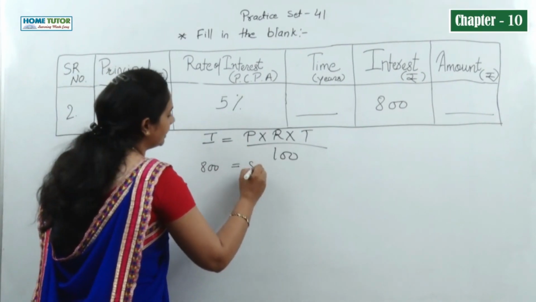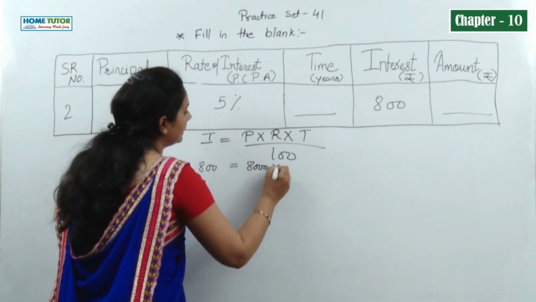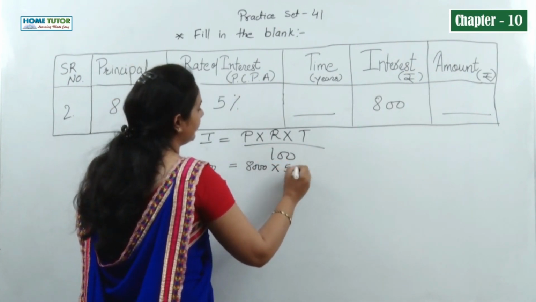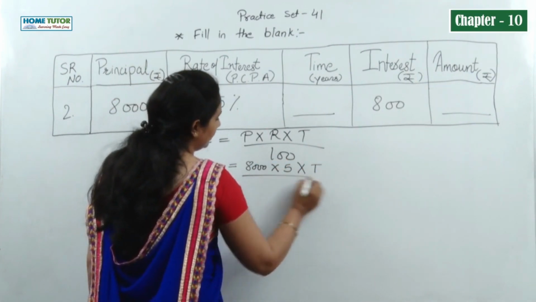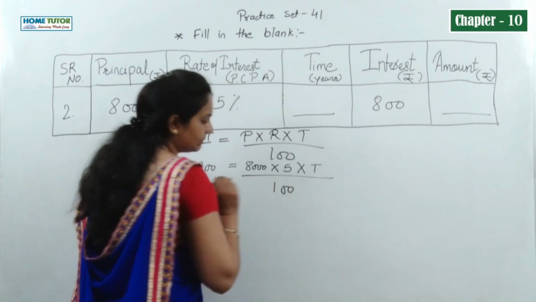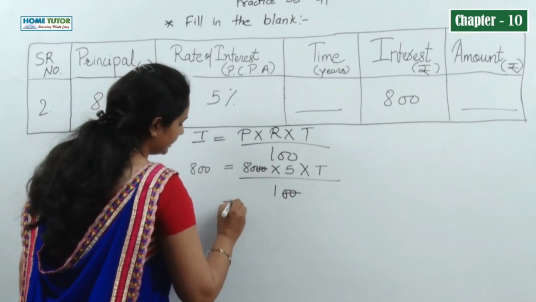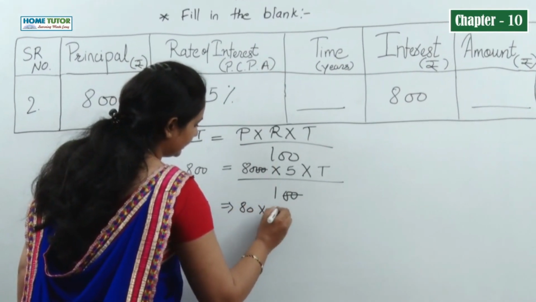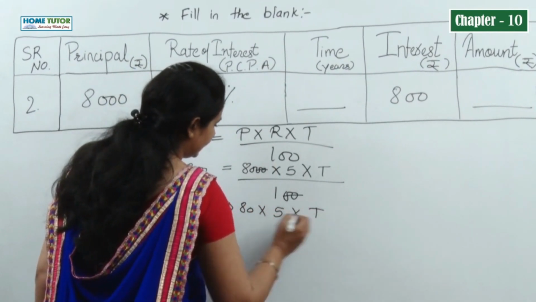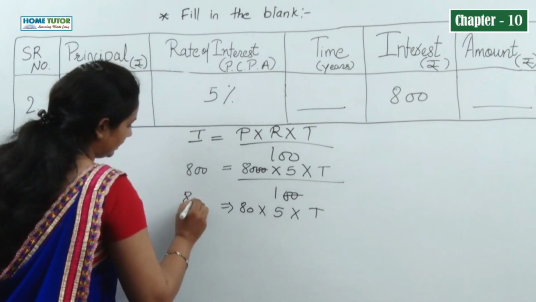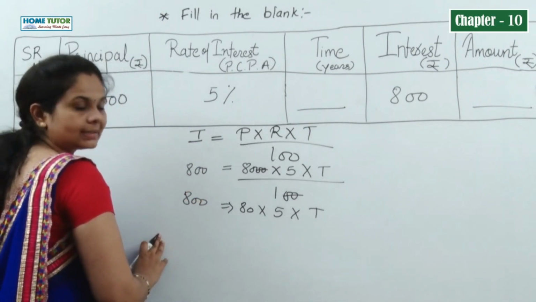प्रिंसिपल क्या है हमारा 8000 रुपीज मल्टीप्लाई बाय R is 5 मल्टीप्लाई बाय T तो हमें फाइंड आउट करना है divided by 100. We'll cancel out these 2 zeros. So what is remaining? 80 multiplied by 5 multiplied by T, that is our time, and interest is 800 rupees.